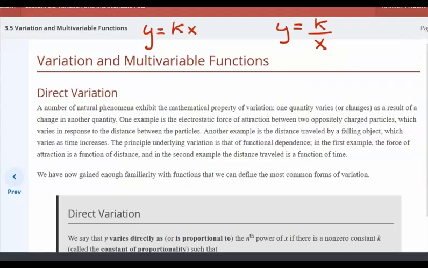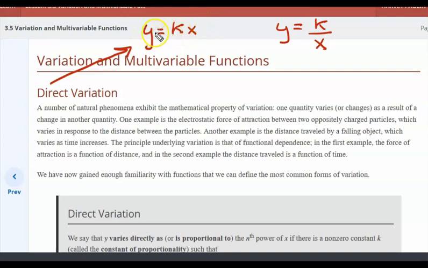As background, we'd like to mention that there are two basic formulas in variation. This is the general formula for direct variation, and sometimes there may be an exponent there.